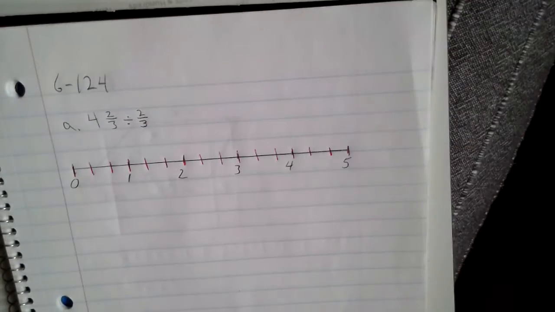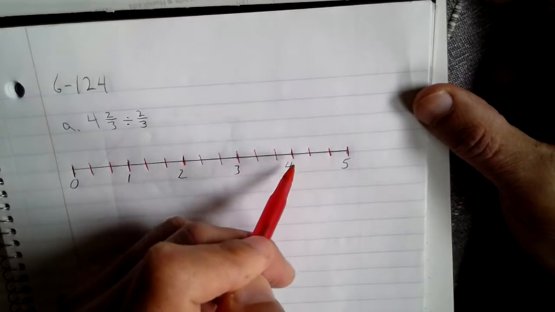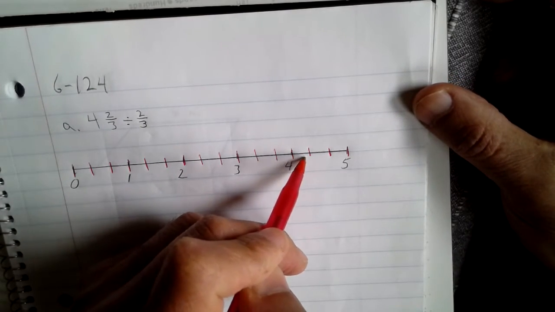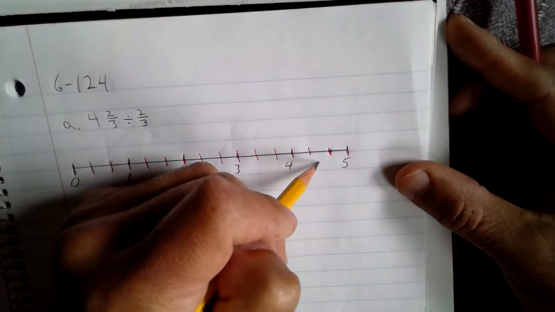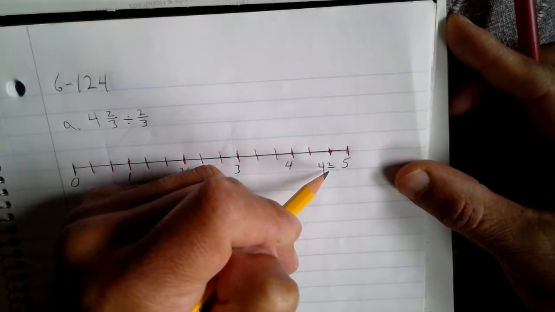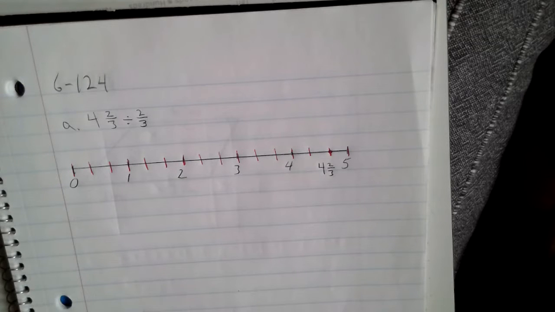Now it says, how many complete groups of 2/3 can we take out of 4 and 2/3? First of all, I'm going to indicate 4 and 2/3. So here's 4, 1/3, 2/3. It's right here. I'm going to indicate that so I know where I need to go.